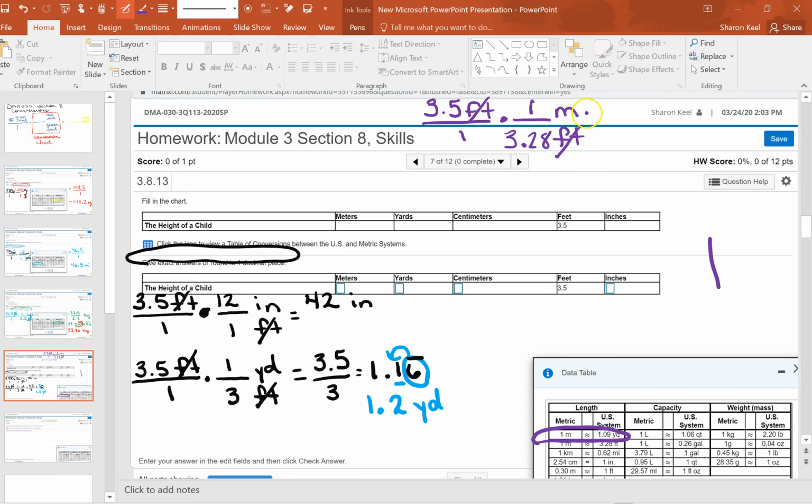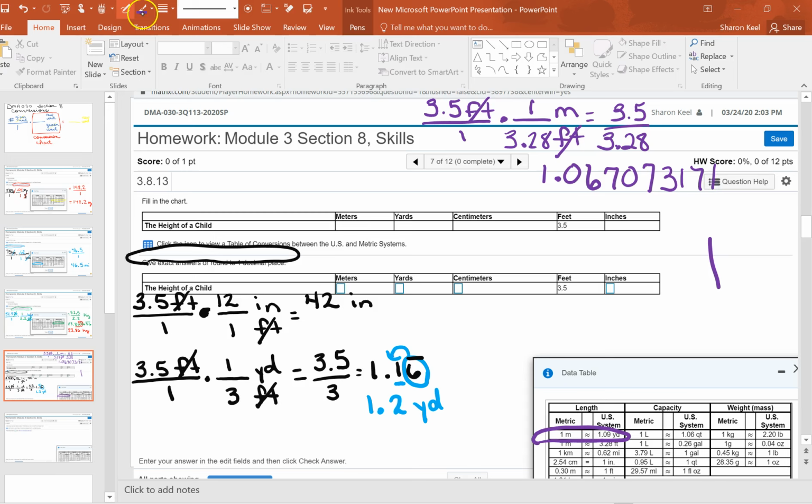So feet and feet cancel, and we have 3.5 over 3.28. 3.5 divided by 3.28 gives me 1.0670 73171.